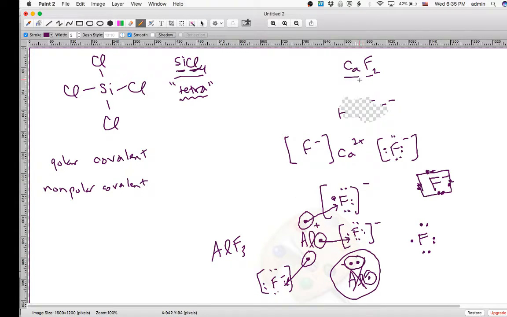Similar thing happened with CaF2. Ca, having 2 valence electrons, is not like this. Ca having 2 valence electrons is like this. Now, I usually start from the top and I go clockwise on my imaginary box, but it's not necessary to do that. You can start anywhere you want, as long as you keep on going in one direction, it could be counterclockwise or clockwise, putting 1 dot on each side of the imaginary box at a time.